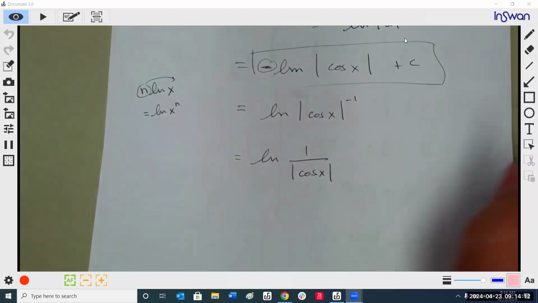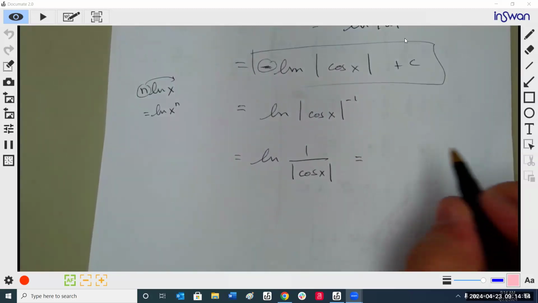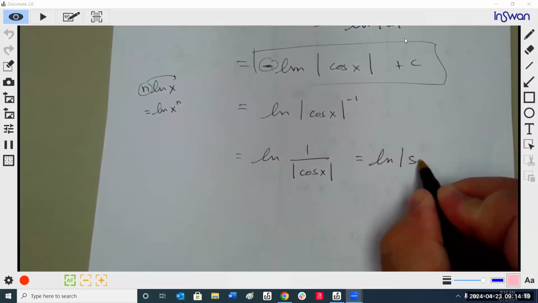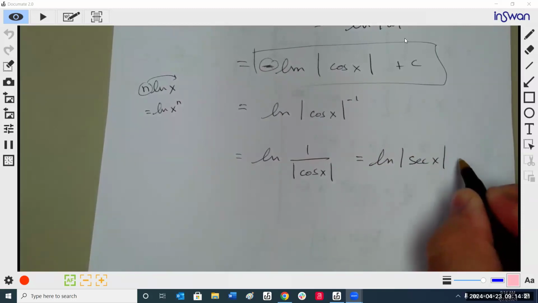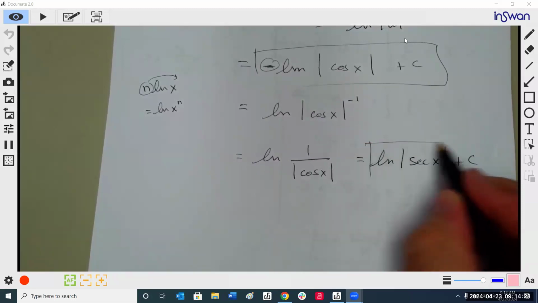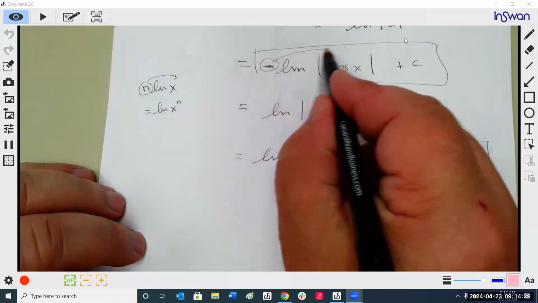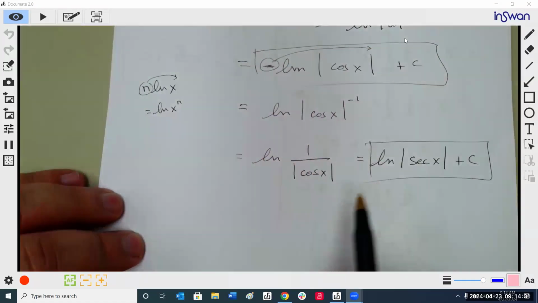What is 1 over cosine? Yep, so it's ln absolute value of secant x plus c, simply because that negative becomes the exponent.